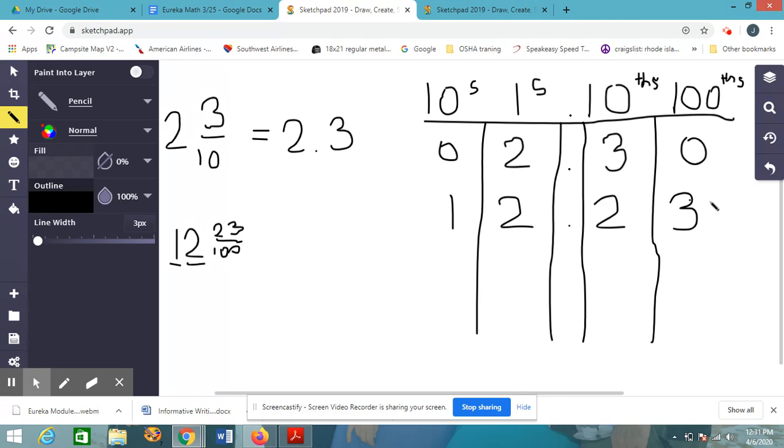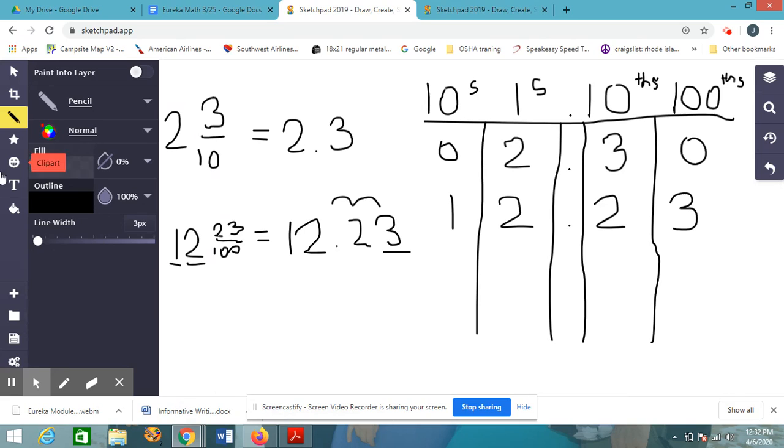Make sure we put our decimal, or we just say we have 12 and 23 hundredths. That's fine to say too. 12.23, that would be our decimal conversion. 12 and 23 hundredths, so now we know we go 2 spaces after the decimal, and that's our hundredths place.